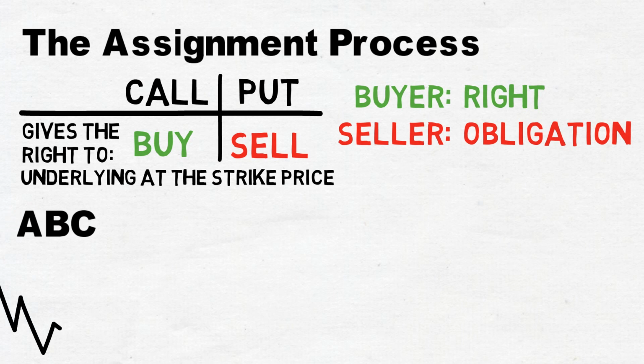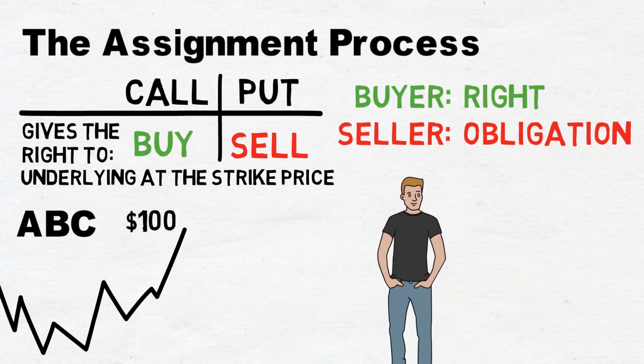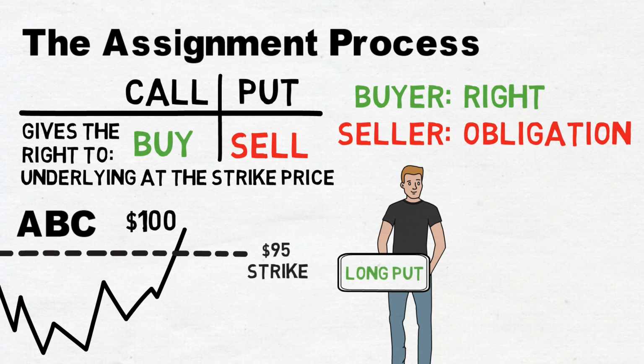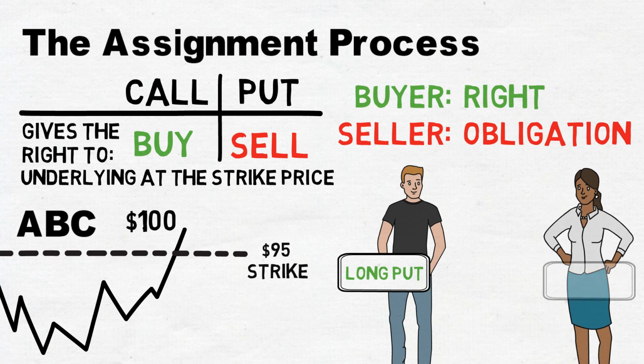Stock ABC is trading at $100 and Peter decides to buy one put option with a strike price of 95 as a hedge for his long stock position in ABC. Kate simultaneously sells this option. Over the next few weeks, ABC's price goes down to $90 and Peter decides to exercise his put option.